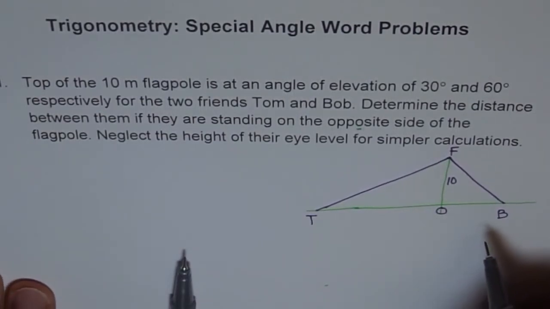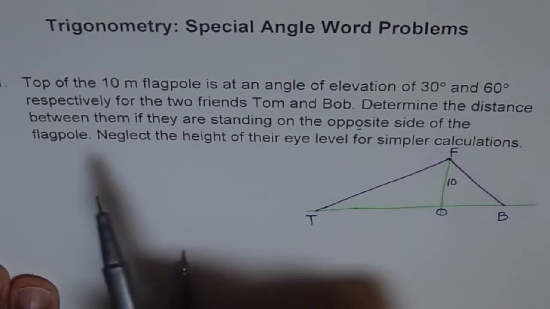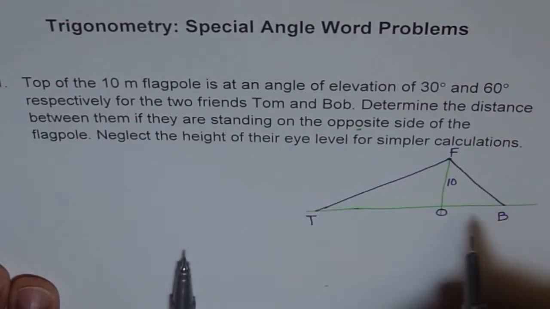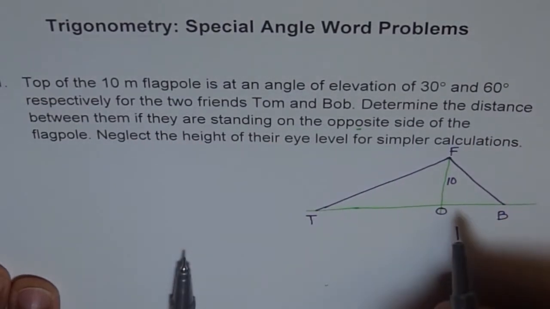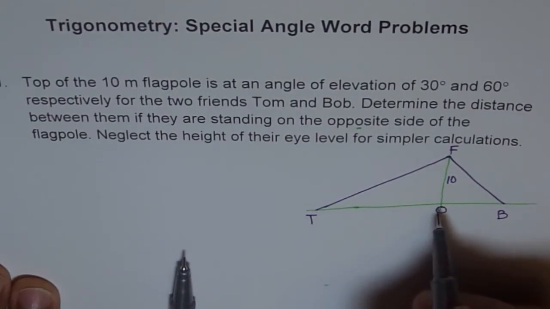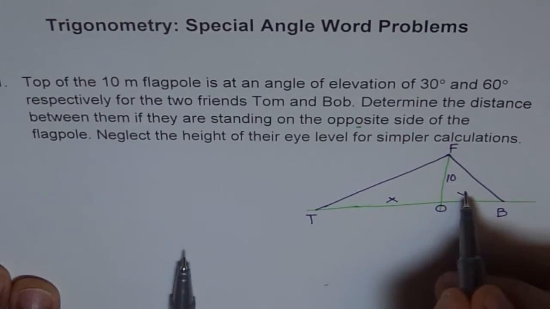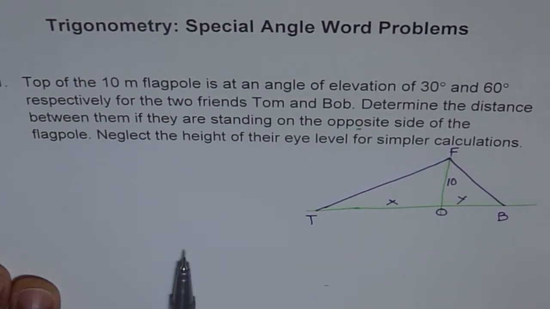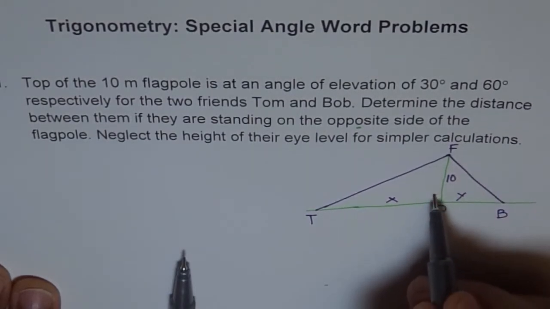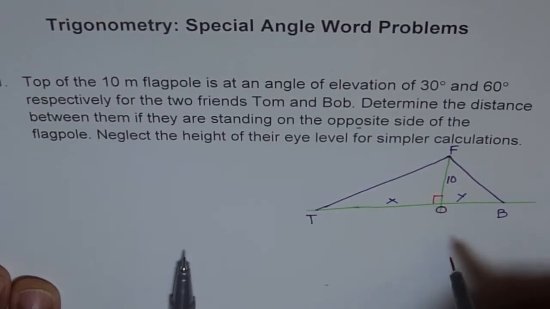So we have to find the total distance from T to B. Let's say this distance from T to O, let it be x, and from O to B, let it be y, right?